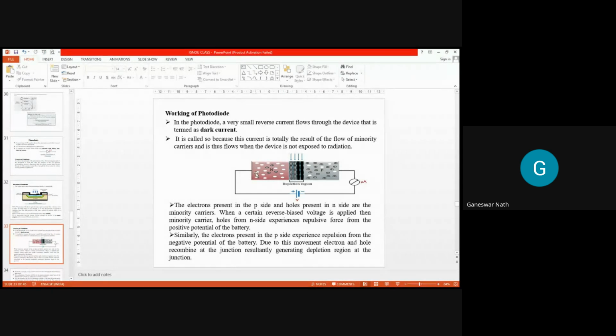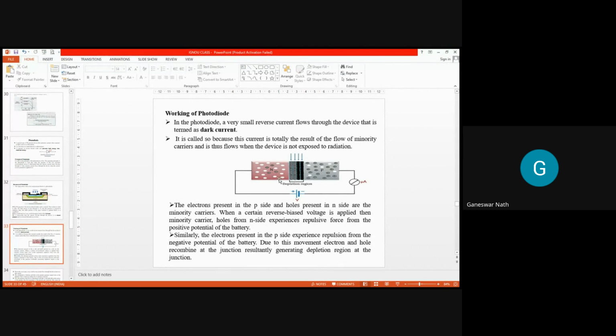You can see this nicely here. This is the N region, this is the P region, and this is the depletion region. In that depletion region, you can find the same number of electron-hole pairs getting combined. The electrons present on the P side and the holes on the N side are the minority carriers.